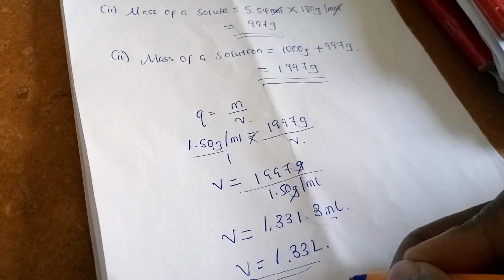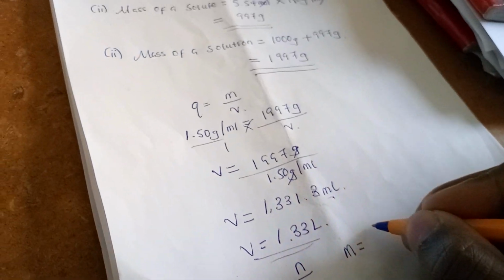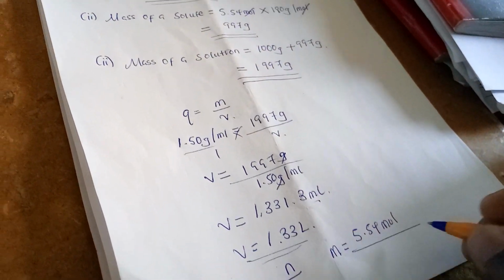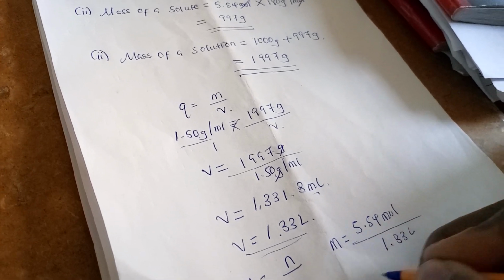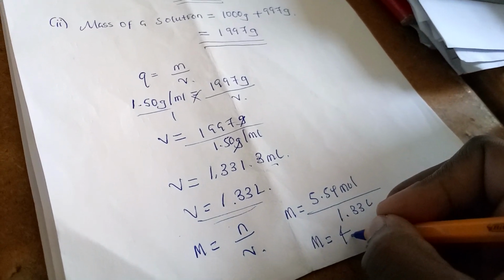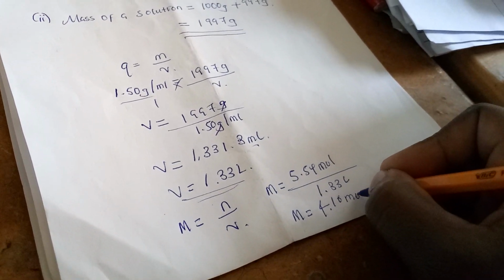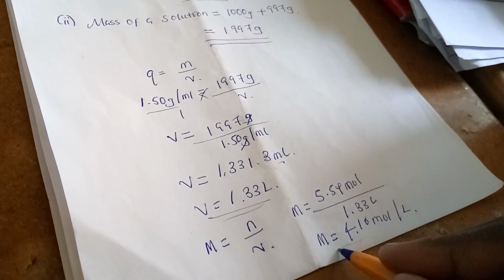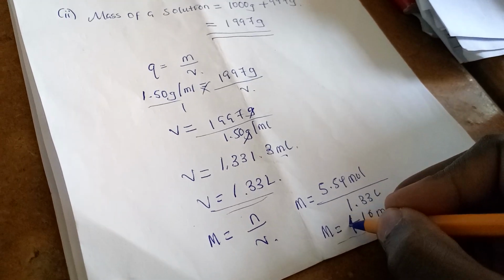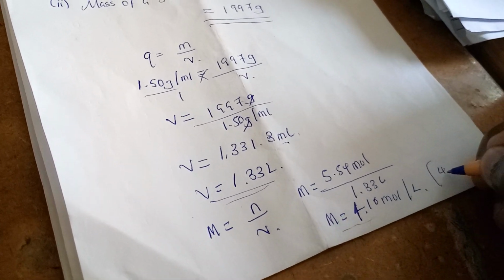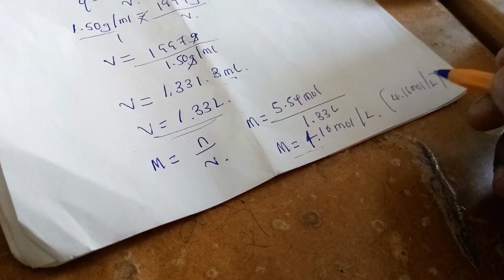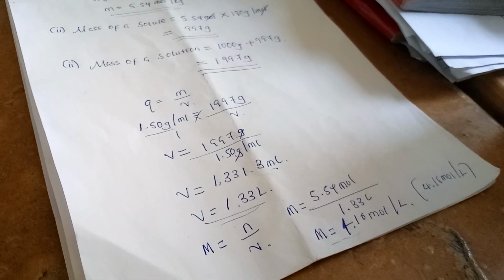So molarity will be equal to 5.54 mole over a volume of 1.33 liter, which gives 4.16 mole per liter. So this, guys, is just the first question of the tutorial sheet.